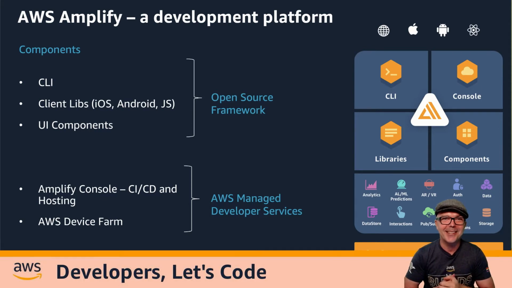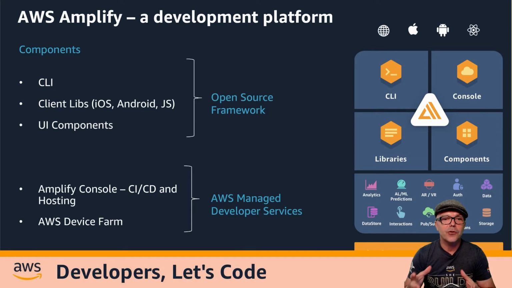Look up the documentation if you forgot. The client libraries are used as almost the API to the backend services. So if, say, you provision a RESTful API, you can then use the client library for the platform you're developing in to communicate with that API.